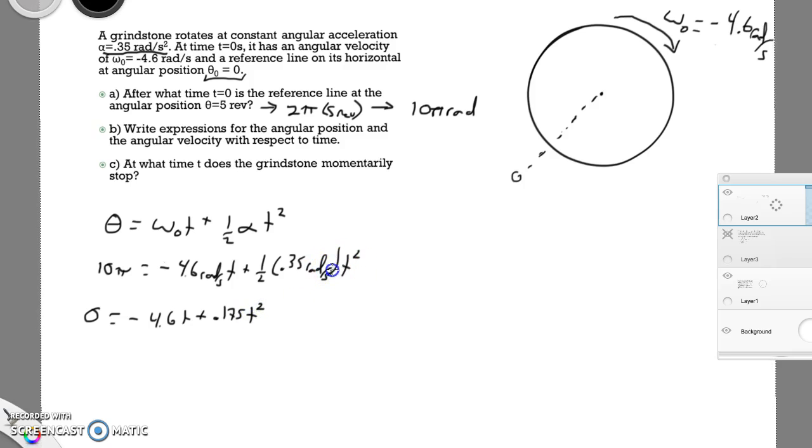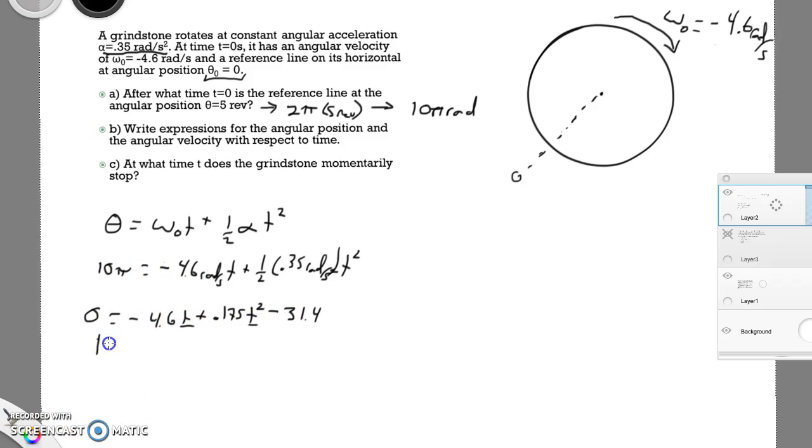These, by the way, are radians per second squared. And then minus 10 pi, 10 times 3.14 would be 31.4. Now from here we have t there, we have t squared there. So we're going to go ahead and punch this into the quadratic solver app on my phone and see what we get. This would be A, B, and C.